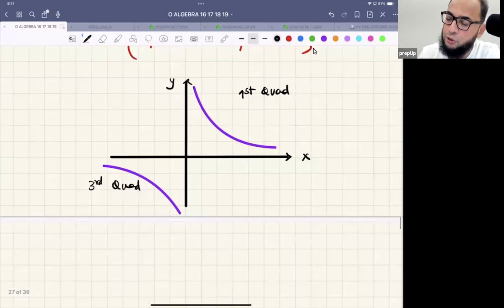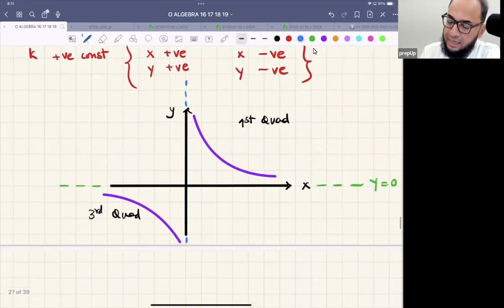Now, the thing that we need to focus on is this blue line right over here. Let me make it thicker. Let me label this as the green line. That is the x-axis. Equation of x-axis is y is equal to 0. And this blue line over here, that is the y-axis, which is x is equal to 0.